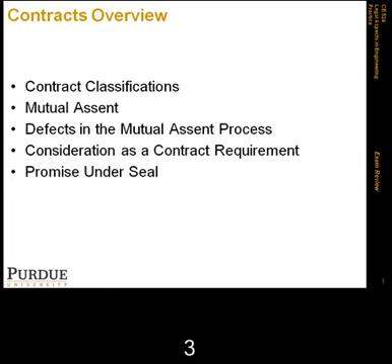Following that, we started talking about an important concept: promise under seal. This goes back to the time before people were able to write, when people used to have something called a seal, which is an impression that people made using some kind of a ring or other instrument in soft wax that's placed on paper. It emphasized the seriousness of the transaction and made the content of it enforceable.